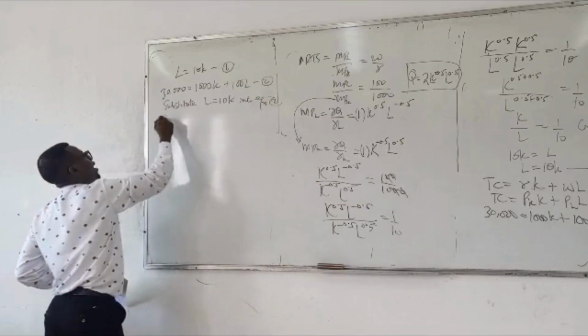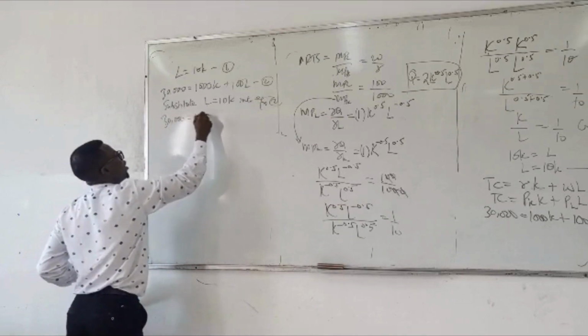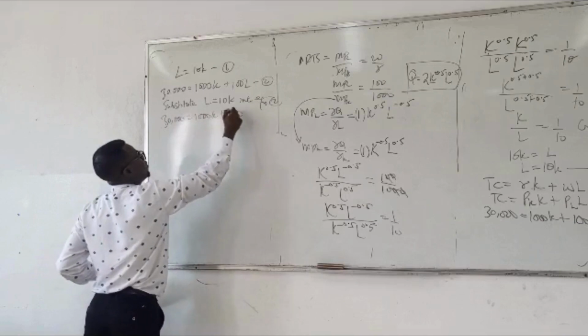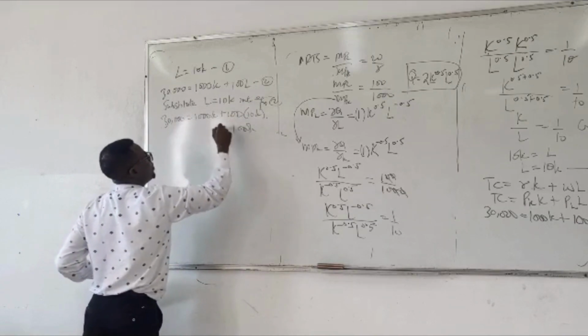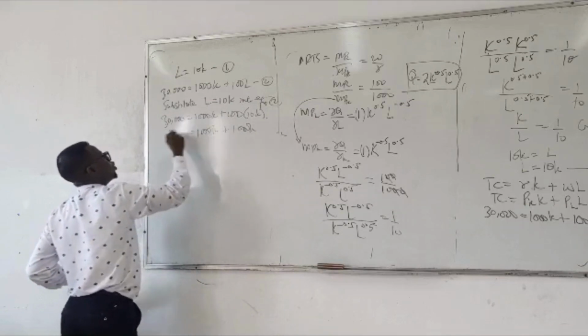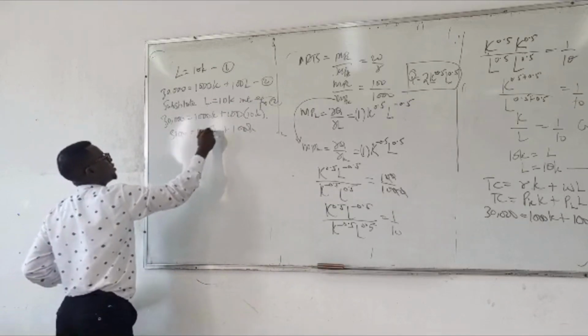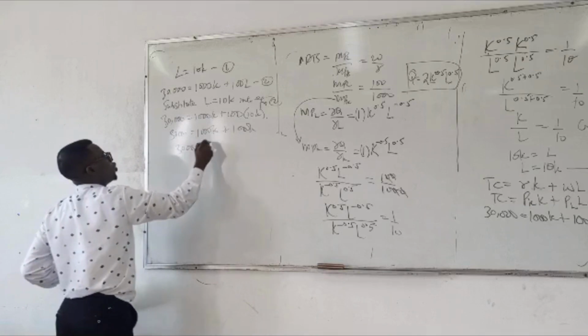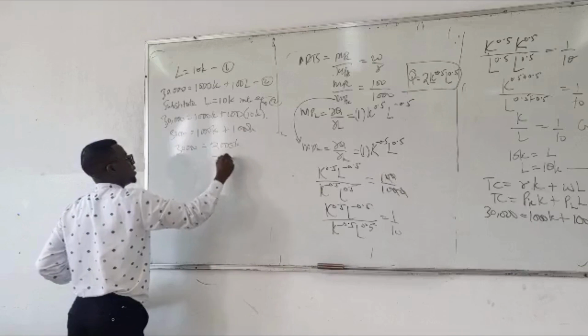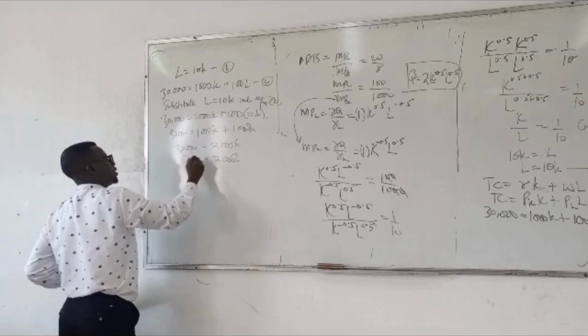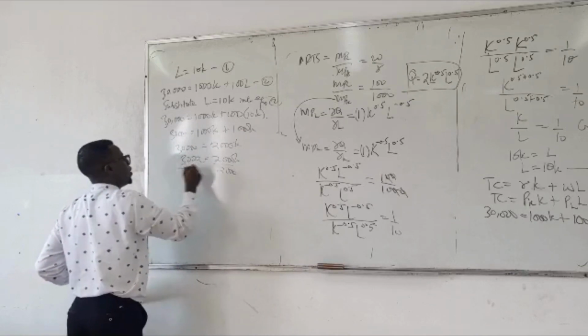So 30,000 equals 1,000K plus 100 times 10K. So 1,000K plus 1,000K equals 30,000. 30,000 equals 2,000K. Divide both sides by 2,000.